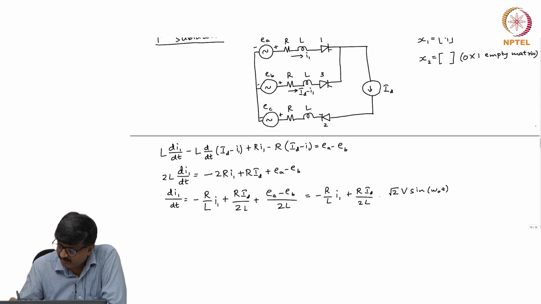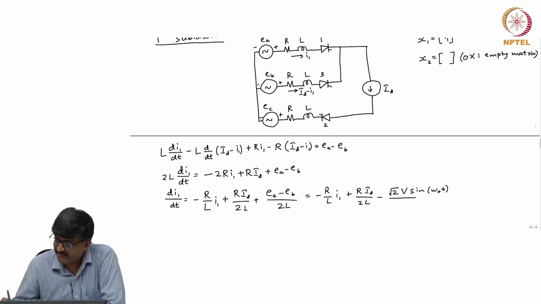So, this is minus root 2 V sin omega_o t divided by 2L.